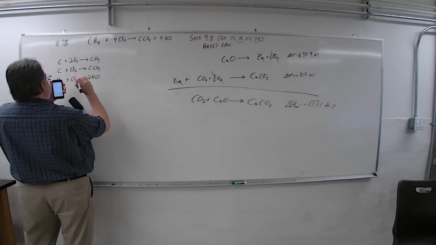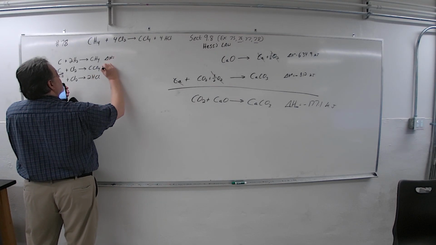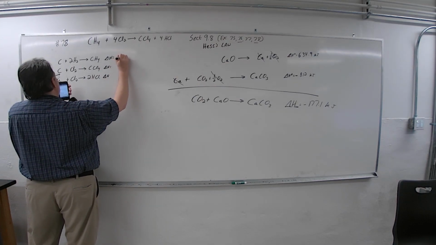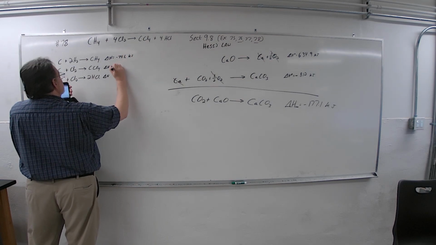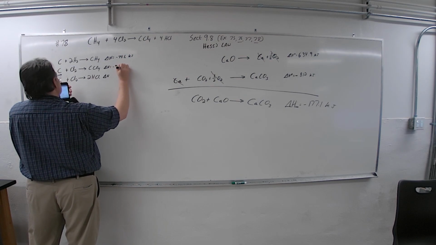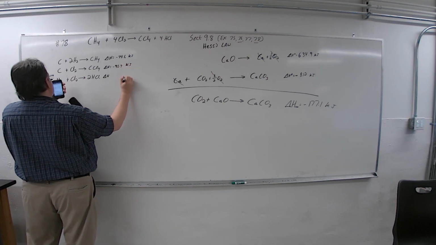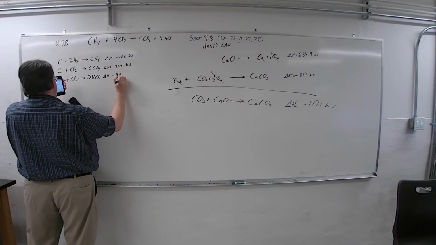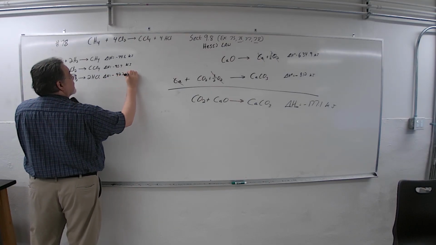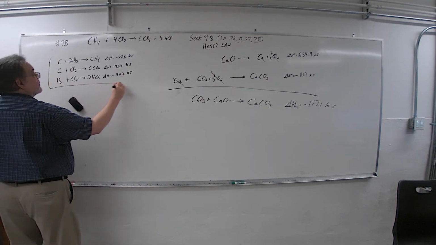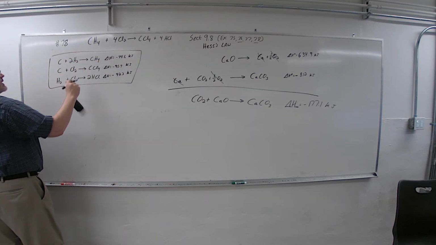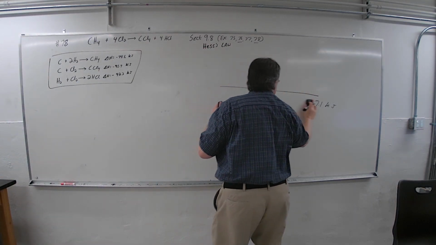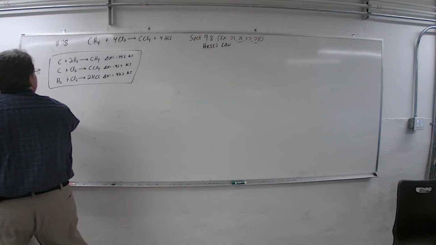It gives you these balanced equations, and it gives you their delta H's. Which is negative 95.7 kilojoules, negative 92.3 kilojoules. Okay, so this is what we have to work with. And we're trying to create this.